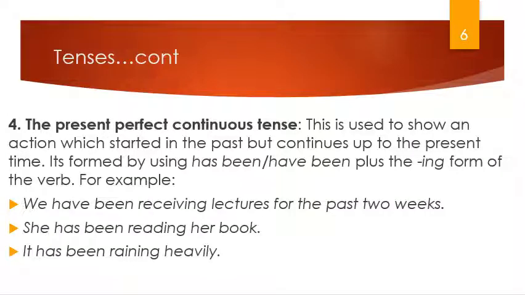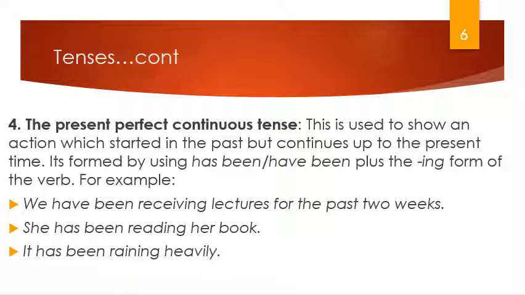Present perfect continuous tense is used to show an action which started in the past but continues after the present time. It is formed by using has been or have been, has for the singular form and have for the plural form, plus the ing form of the verb.